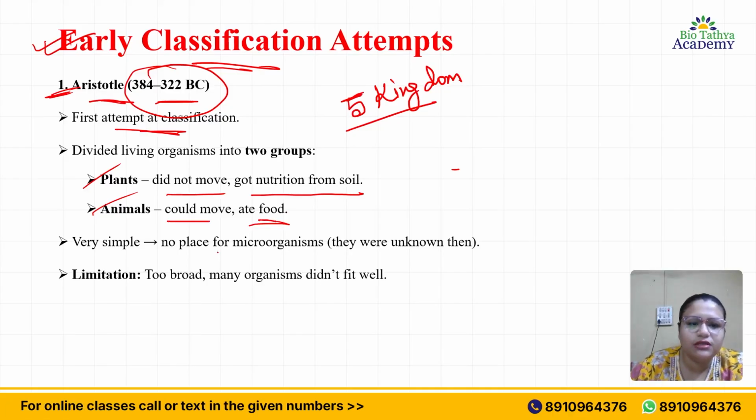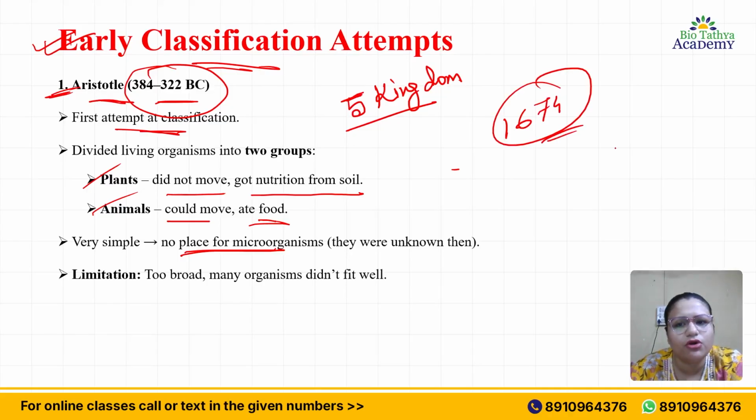So very simple, there was no place for microorganisms. They were unknown then. In the year 1674, I think, if I'm not wrong, microorganisms were discovered by Anton van Leeuwenhoek. The limitation was that it was too broad and many organisms didn't fit well.